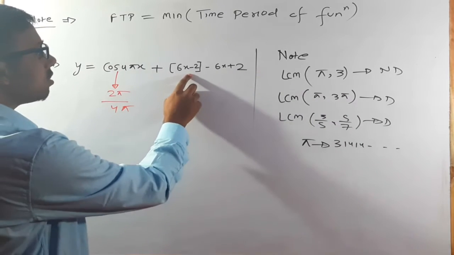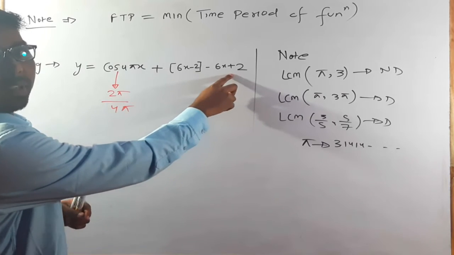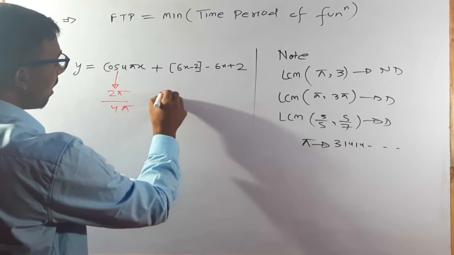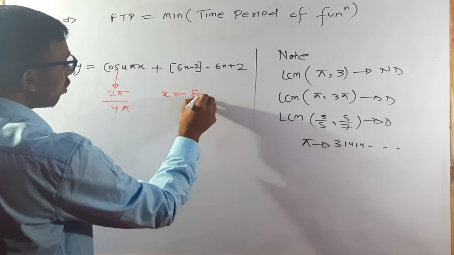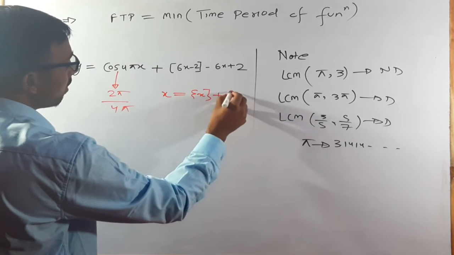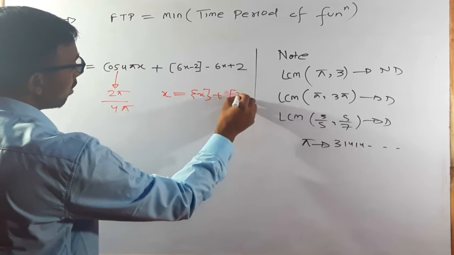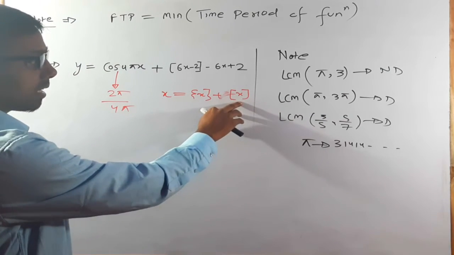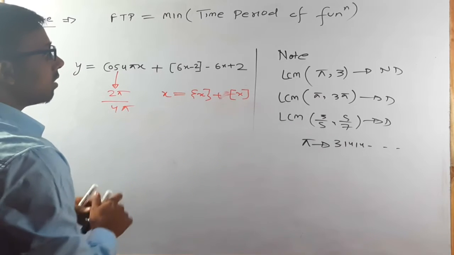So this is not periodic, but we know one thing: x can be written as the fractional part of x plus the integral part of x. x is the summation of the fractional part of x plus the greatest integer value of x.